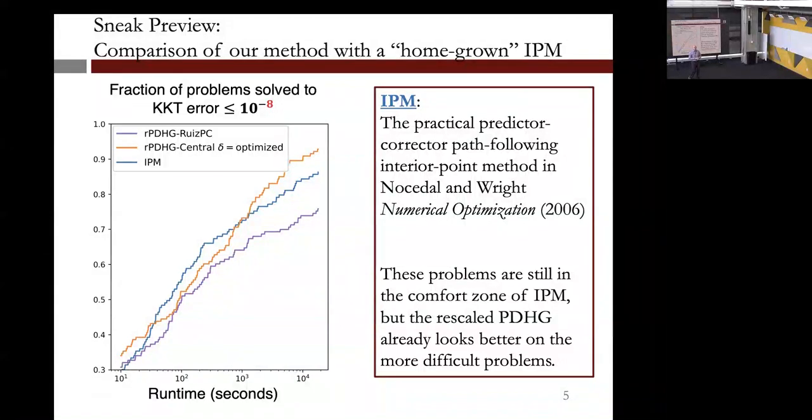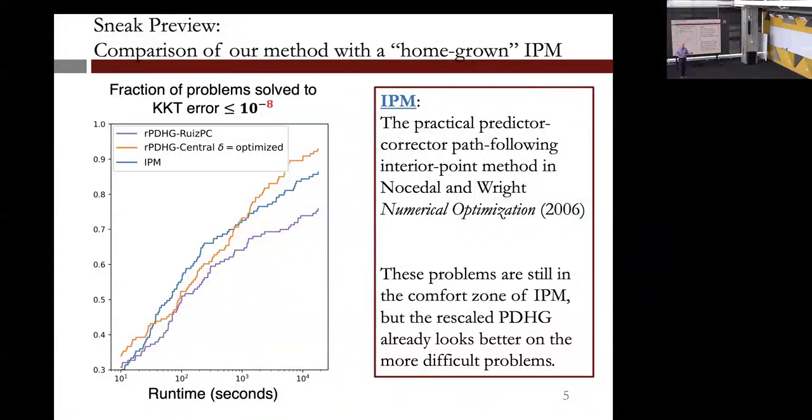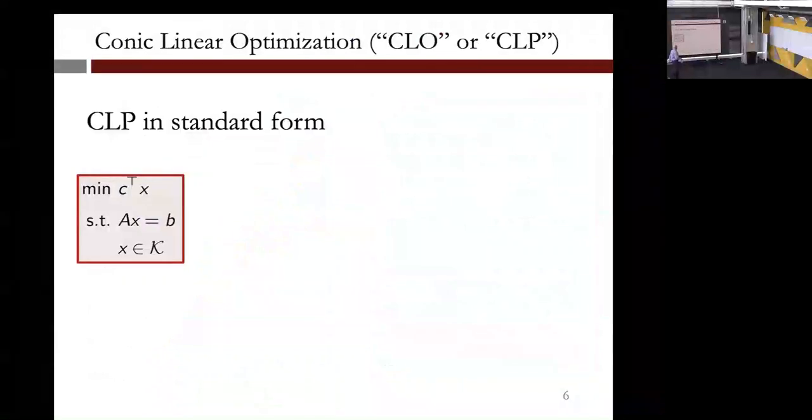But this was really more for proof of concept than anything else. Most of this talk, I'm going to talk about theory for a while, and then how theory is going to motivate some practical enhancements to the methods. So here we go.